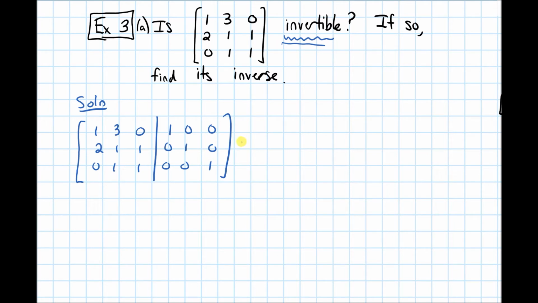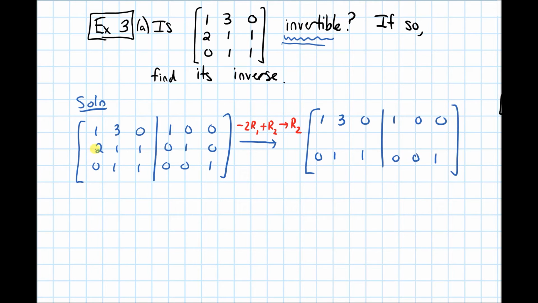Okay, so let's begin our row operations on this. I need to make this 2 underneath this 1 up here a 0. I'll do that by doing -2 row 1 added to row 2, and then we'll substitute that into row 2. So the first row stays the same, 1 3 0, augmented with 1 0 0. The third row stays the same, 0 1 1, augmented with 0 0 1.